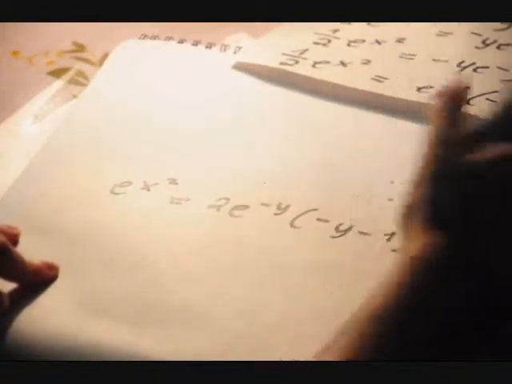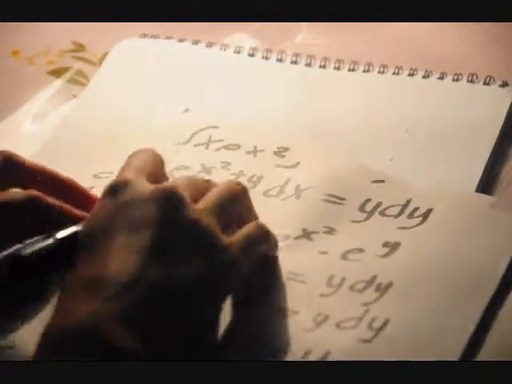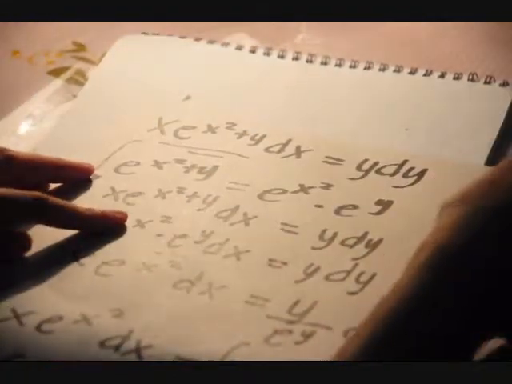Simplifying, we have e raised to x squared is equal to 2e raised to negative y times negative y minus 1. We now have our general solution of the equation x e raised to x squared plus y dx equal to y dy.